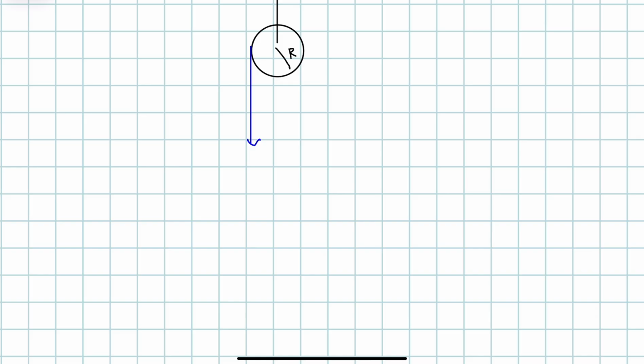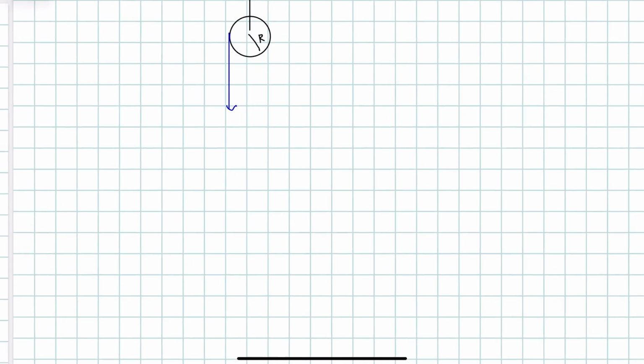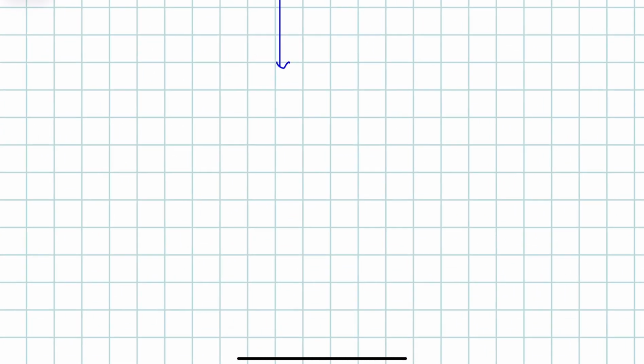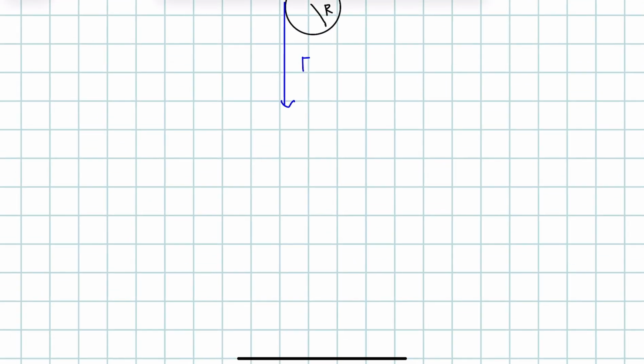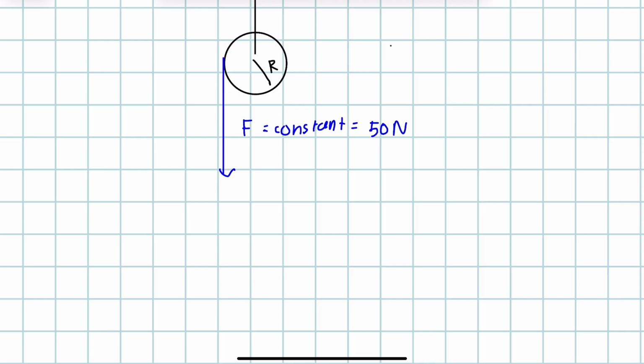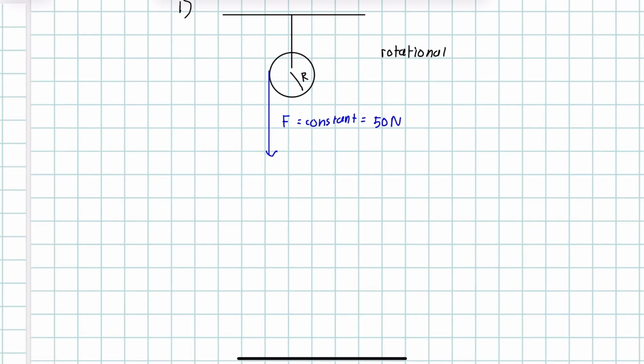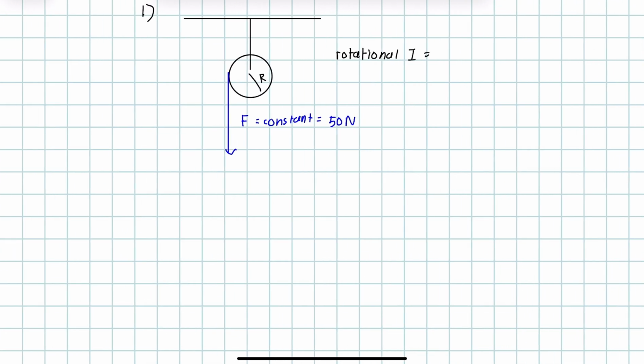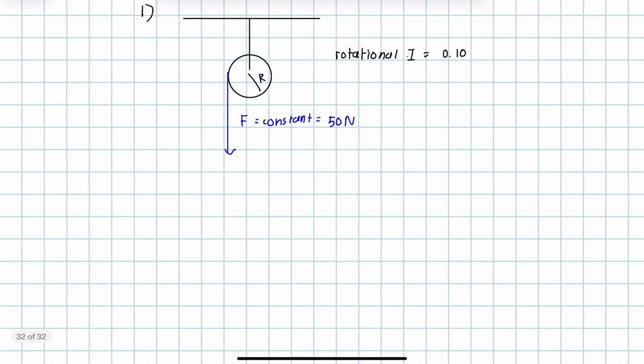A string is wrapped around the pulley and it is pulled constantly downward. This F is constant and equal to 50 newtons. We'll also define the rotational inertia for the pulley.